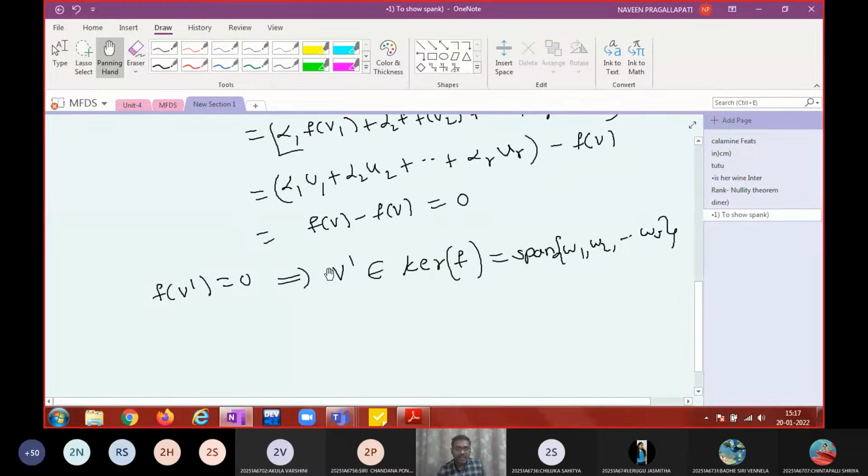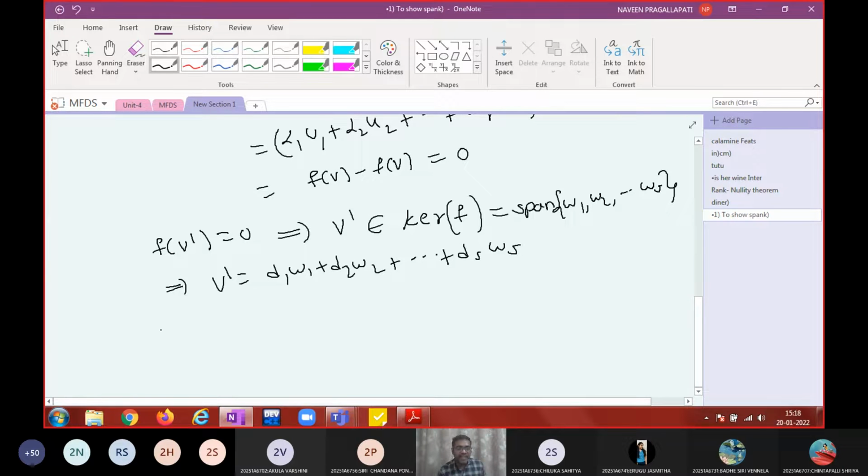Because this element is an element of kernel f, this can be written as a linear combination of elements w1, w2 and so on. That means v dash can be expressed as some d1 w1 plus d2 w2 plus and so on plus ds ws, for some scalars d1, d2 and so on.